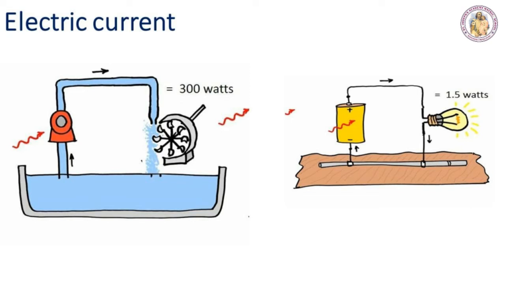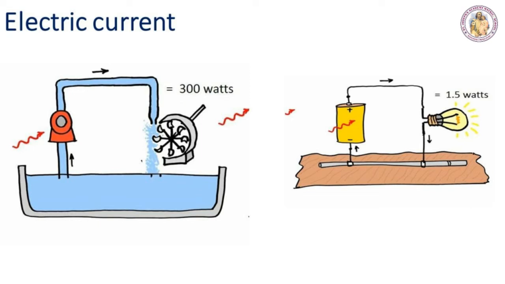This electric current is always compared with water flow. Imagine a tank full of water attached with a pipe. If the motor is not attached, will the water flow through the pipe? No, because the water and pipe are at the same height. After we attach a motor to it, the pipe allows the water.